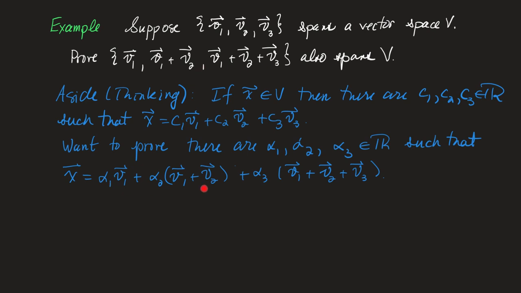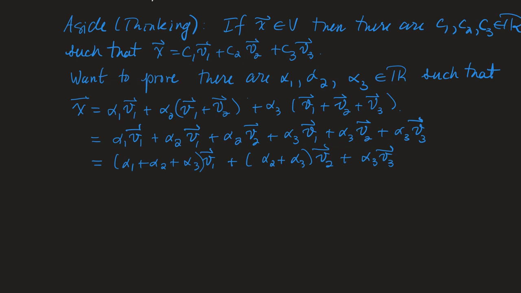Now let's expand this, and maybe that will give us a clue for what alpha 1, alpha 2, and alpha 3 should be. I've expanded this expression, and here's what I have. X is equal to that times V1, that times V2, and that times V3.